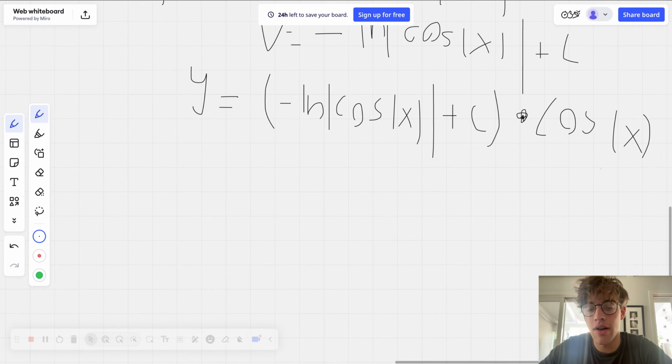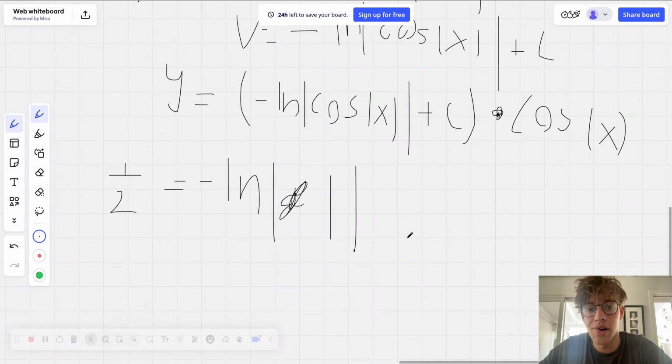So 1/2 equals negative ln of cosine of 0, which is just 1, so negative ln of 1, and that's just 0, plus c, times cosine 0, which is just 1, so 1c.